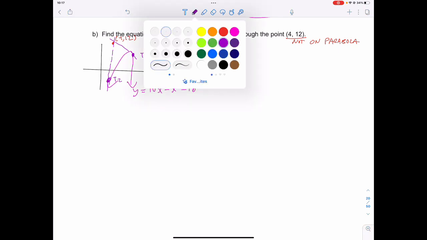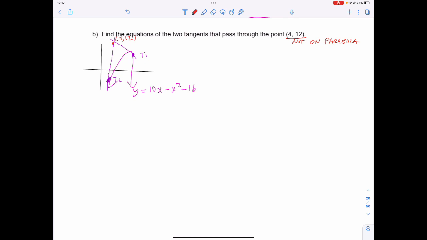So the first thing I'm going to do is I'm going to do the slope of the secant, where that's going to tell me m is equal to y2 minus y1 over x2 minus x1. And that's going to give me 10x minus x squared minus 16, and then minus my y value here, so minus 12.